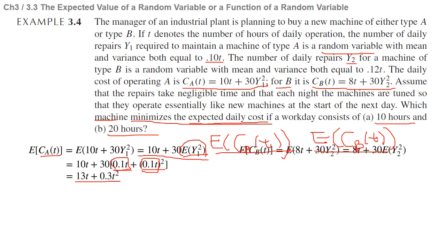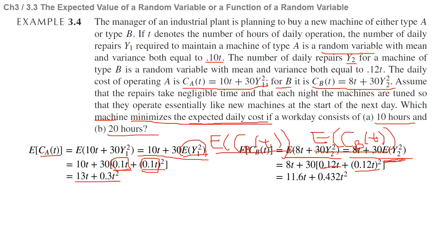And what about the cost B? The expected value for cost B, similarly, you can calculate this way, and here you also use the expected value of Y2 squared, which is sigma squared plus mu squared. So here are the sigma squared for B and mu squared for B, and as a result it is 11.6t plus 0.432t squared.